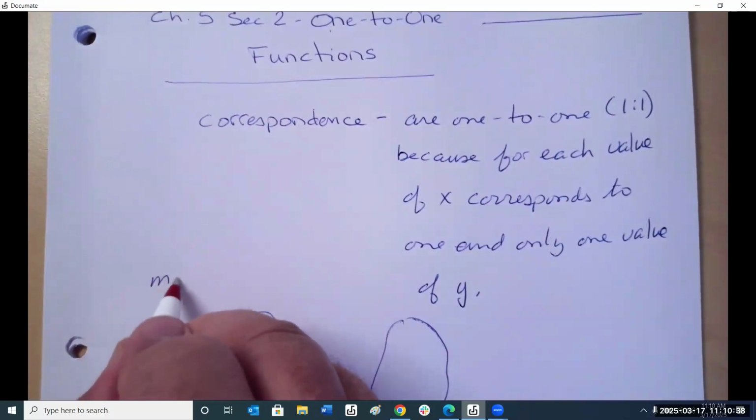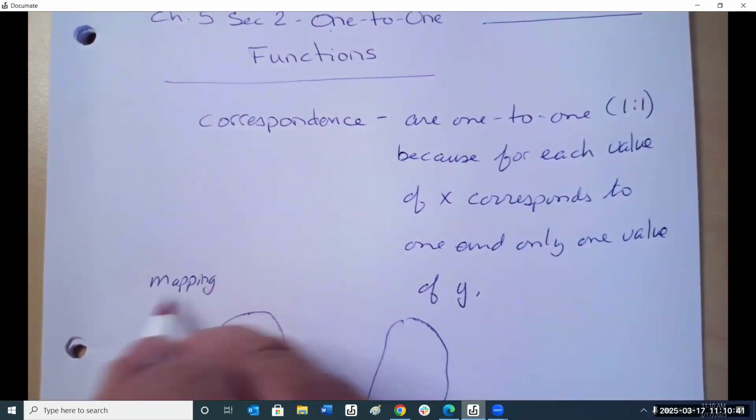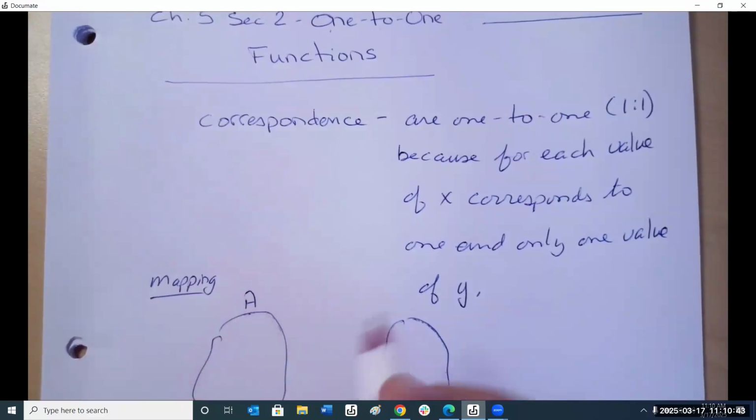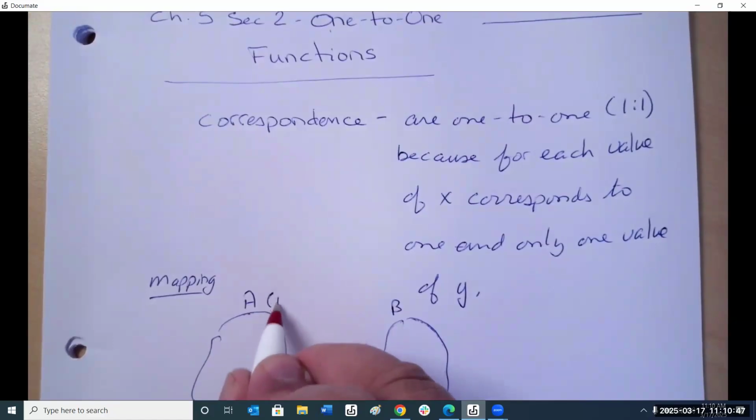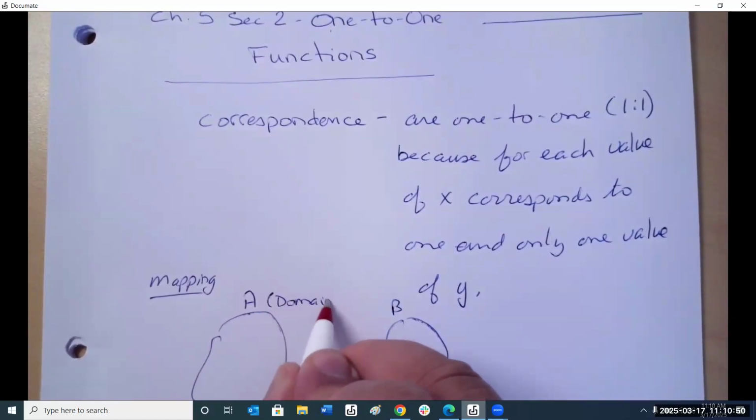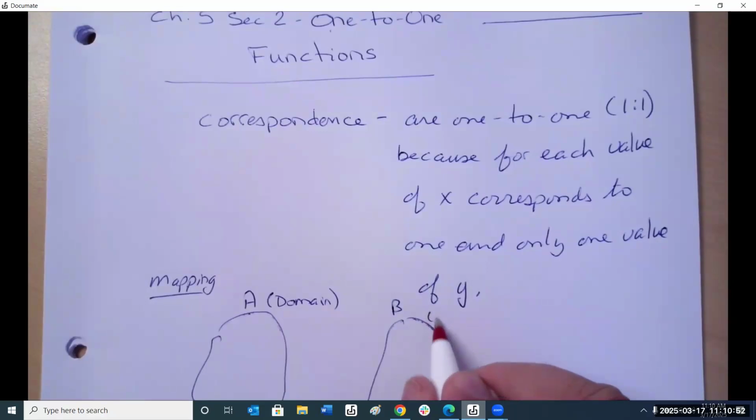These are called mappings. We have set A and set B. This is the domain, and this is the range.